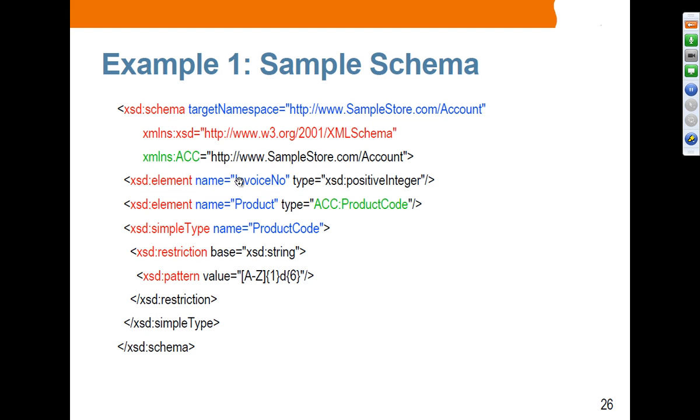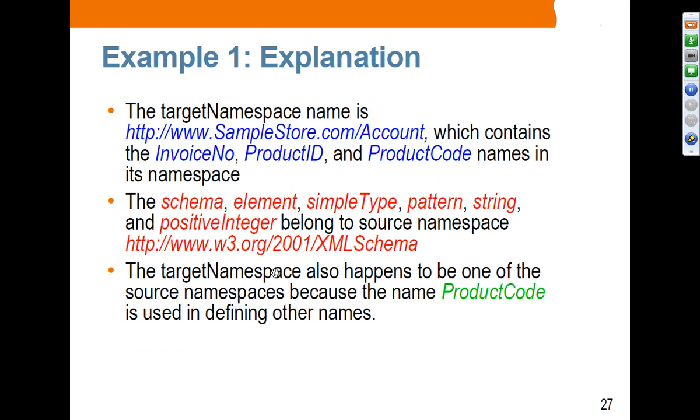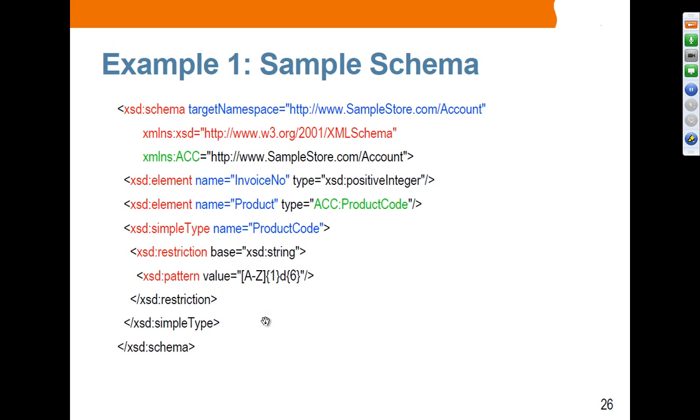Okay. Now this is another example of a source namespace, right? But you can see these are the same thing: the target namespace and this one. We are going to talk about that in the following slide. So the target namespace also happens to be one of the source namespaces because the name product code is used in defining others. Now, in this case, when we are defining the product element, we happen to use another simple type in this document, in this case product code, right?